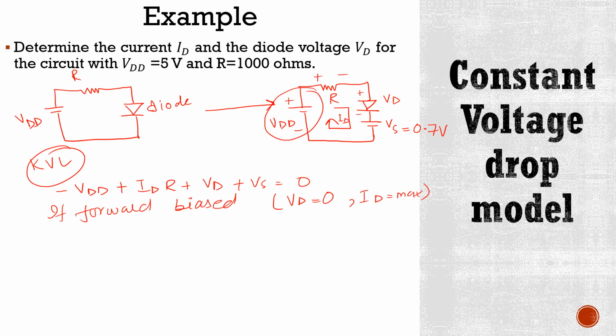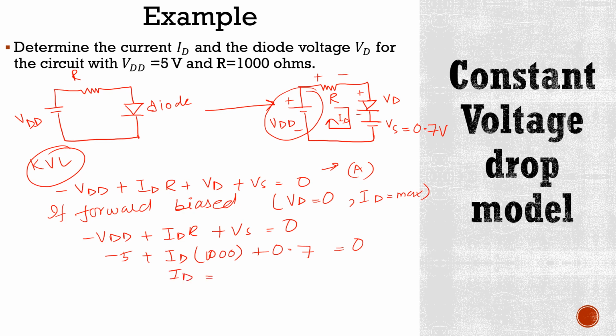So equation A will become minus VDD plus IDR plus VS is equal to 0, and after putting in our given values it will be minus 5 plus ID times 1000 plus 0.7 is equal to 0.